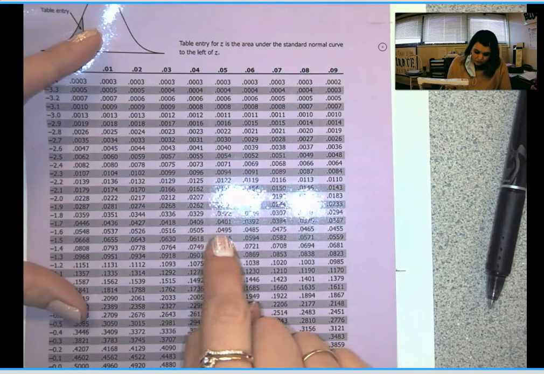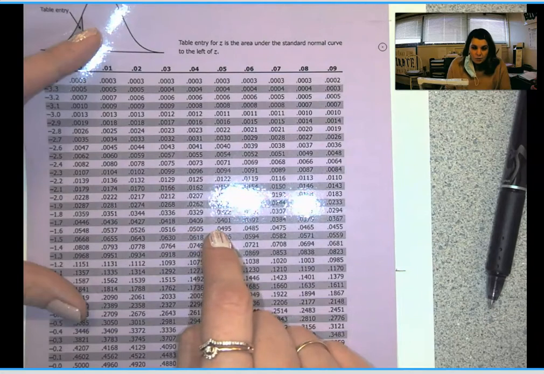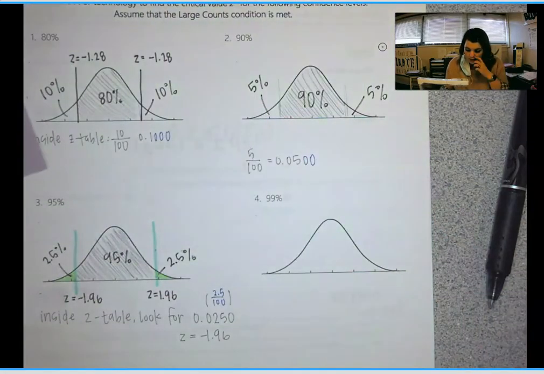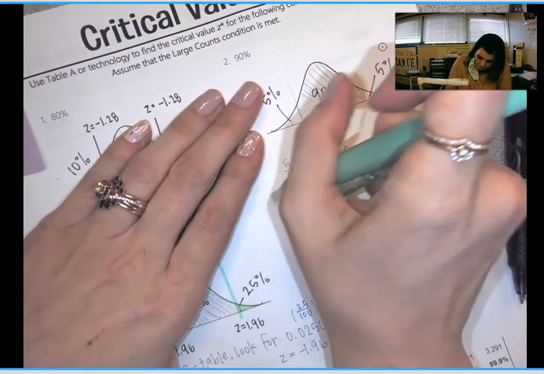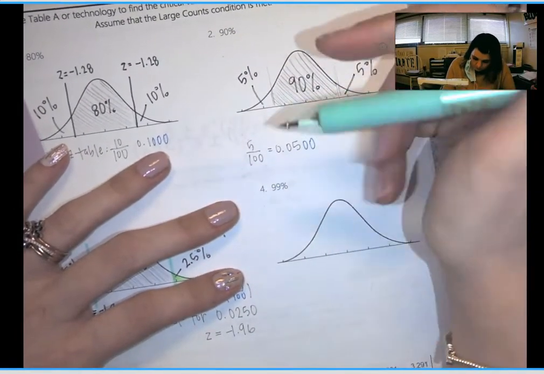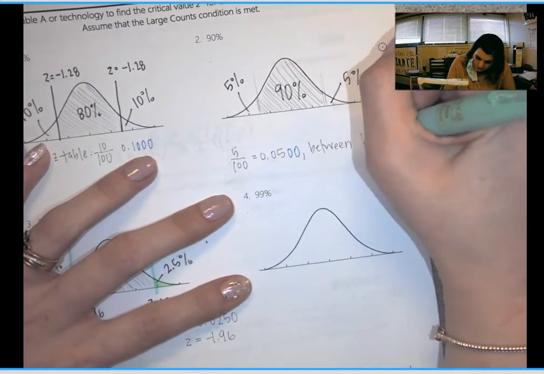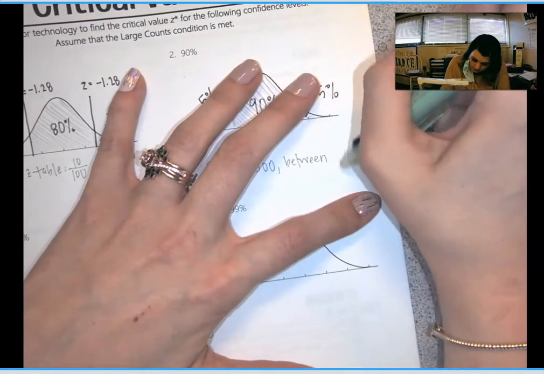So it actually looks like it's right in the middle of these two numbers. This is 5 away, and this is 5 away. So it is between 1.64 and 1.65. It is right in between 1.64 and 1.65.